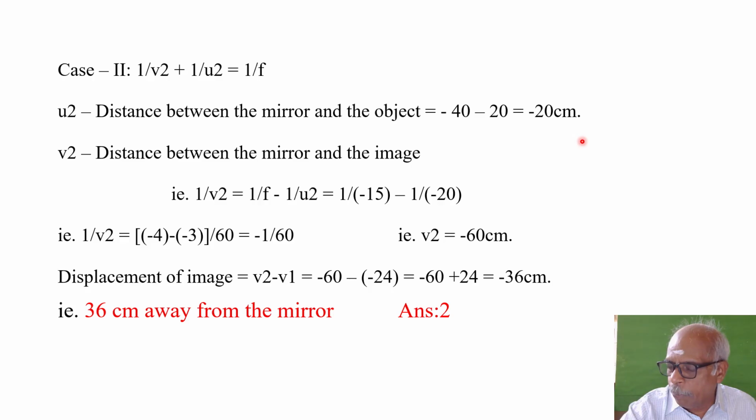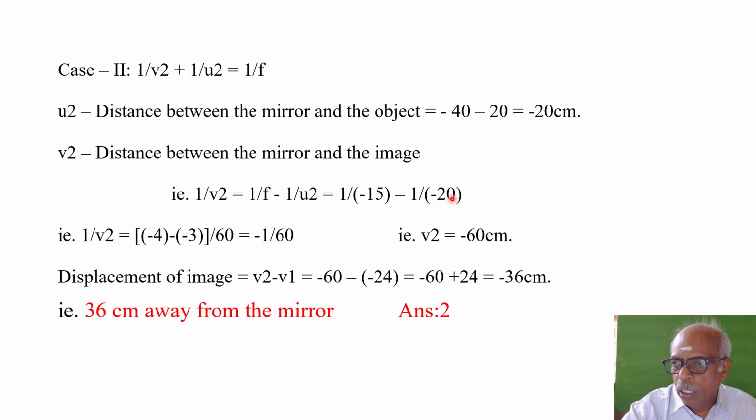That is what has been written in figure 2, the lower figure in the previous slide. We need the distance between the mirror and the image. So keep 1 by v2 here and bring 1 by u2 to the other side. So 1 by v2 is 1 by f minus 1 by u2. f is equal to minus 15, already you know. So 1 by minus 15 minus 1 by minus 20.